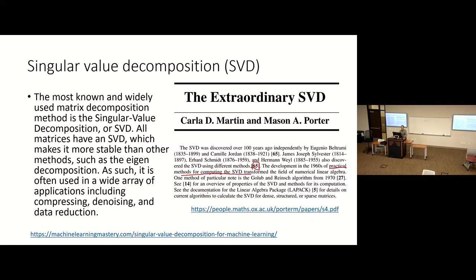Then this algorithm is at the center of a lot of these linear algebra operations. It's inside this linear algebra package, LAPACK, and incorporated into MATLAB and other languages. So this is the most widely known and widely used.